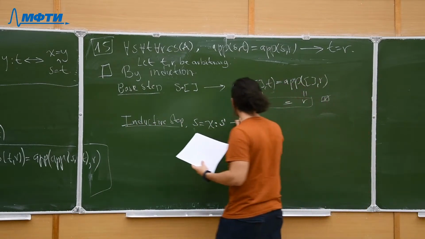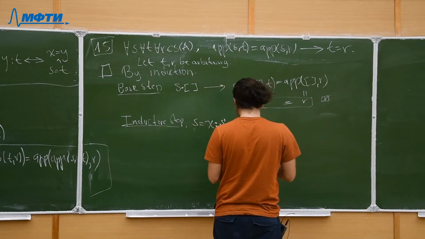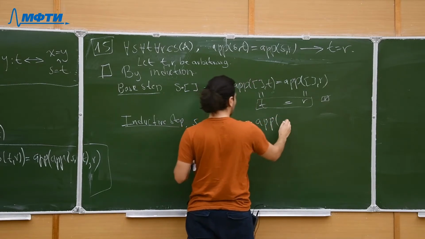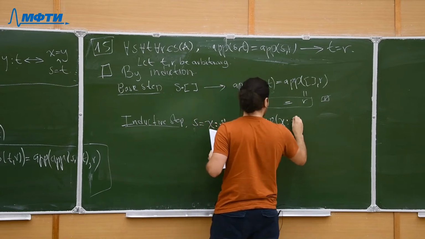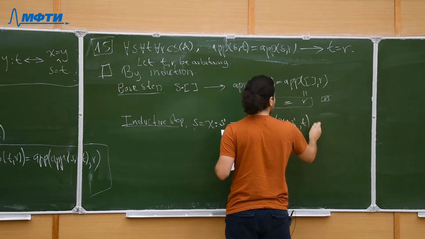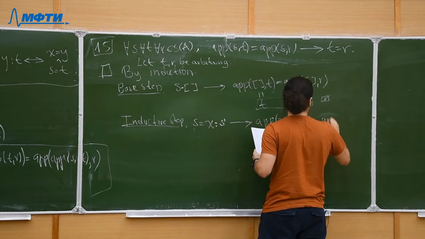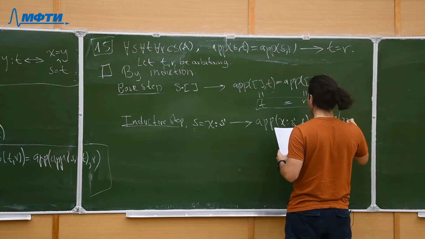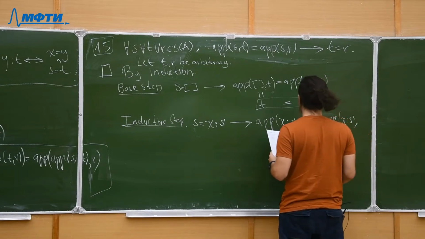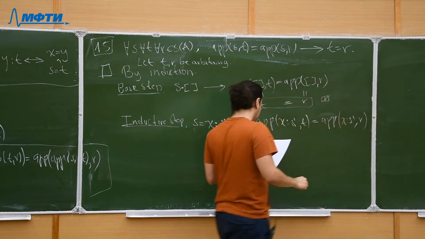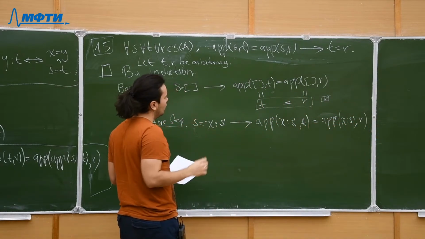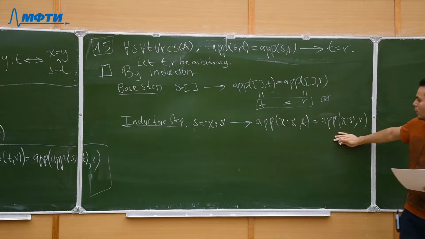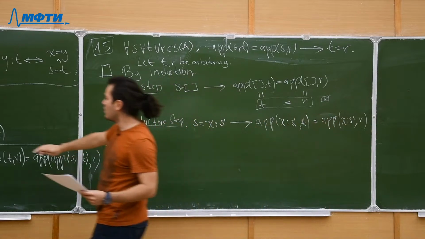So then, what do we obtain? The app of x column S prime and t should be equal to the app of x column S prime and R. Now, what do we know from here? We can look at that definition.